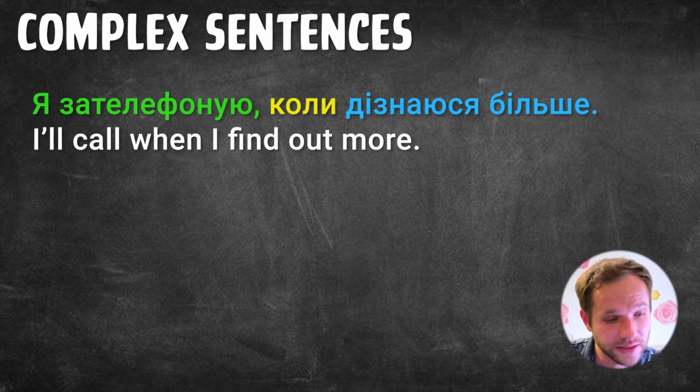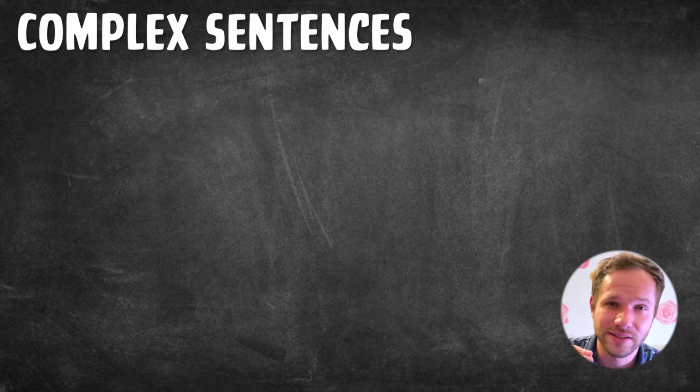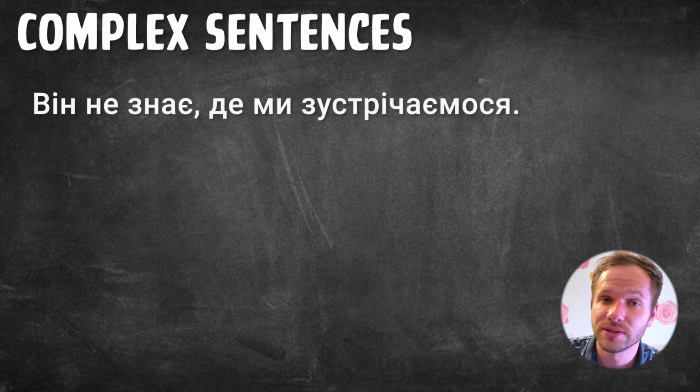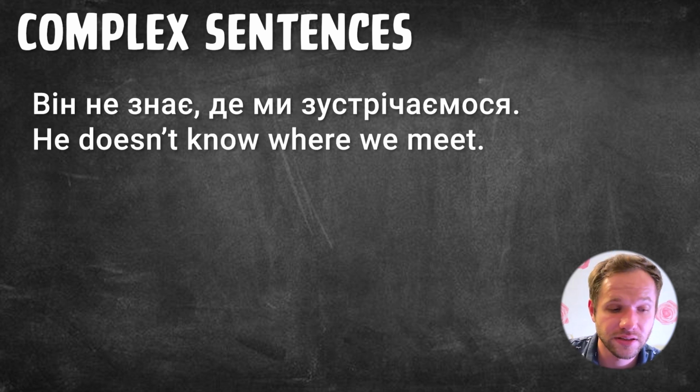When. Okay, the next. Try to guess what conjunction word is used in this sentence. Він не знає, де ми зустрічаємося. He doesn't know where we meet. You can see what word is the conjunction in this sentence. Okay.